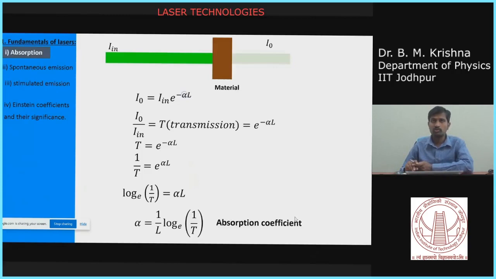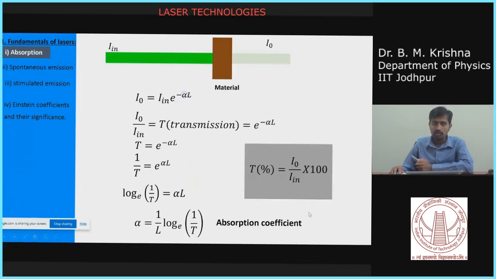This absorption coefficient of a material is constant. For a given material it is a constant, and for different materials this alpha changes depending upon the material's inherent property. How the photons interact with the electrons and how many electrons are excited depends on your absorption coefficient.